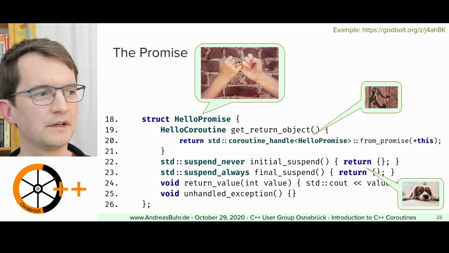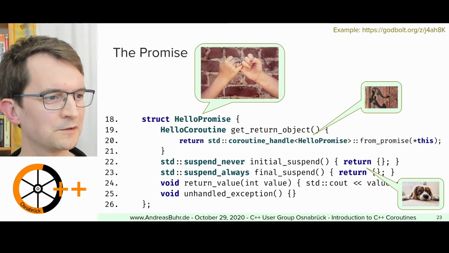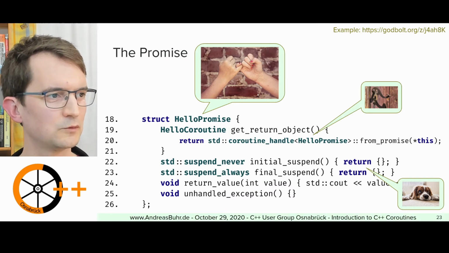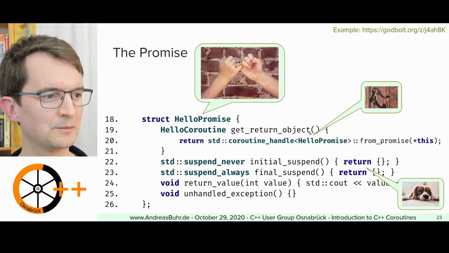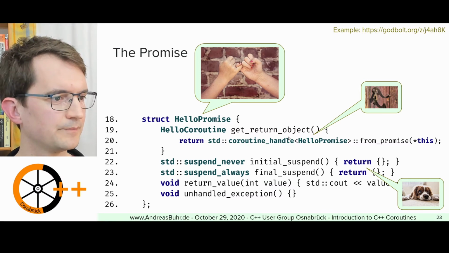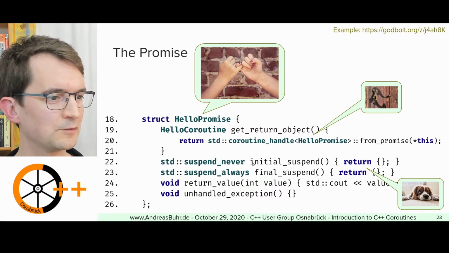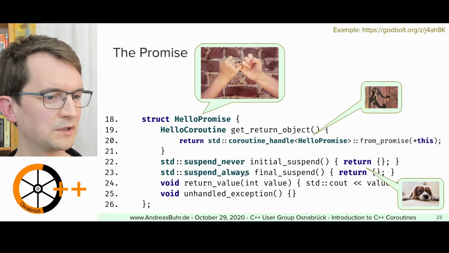Let's go through it again here. So our hello promise is the promise type. We see here get_return_object. This is a member function which is called to generate the return object, which is returned from the coroutine at the beginning. Then initial_suspend and final_suspend, here returning in our example std::suspend_never and std::suspend_always.